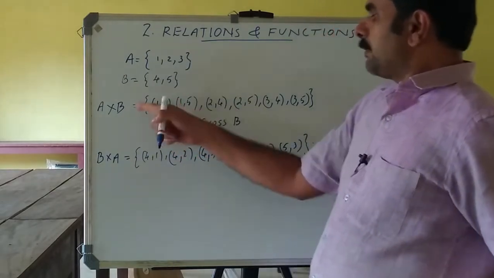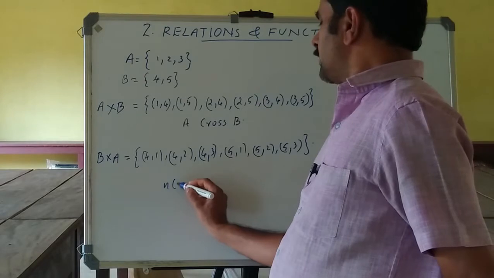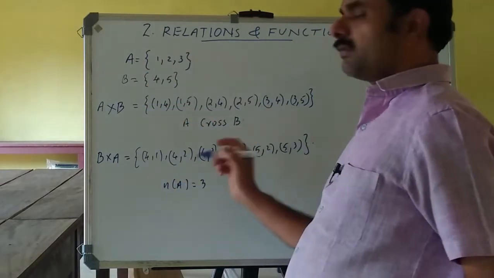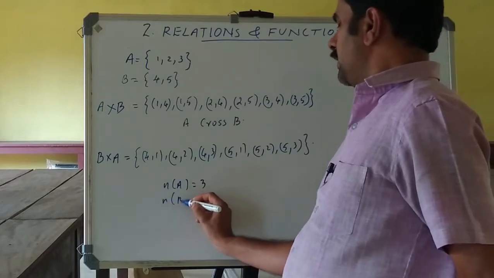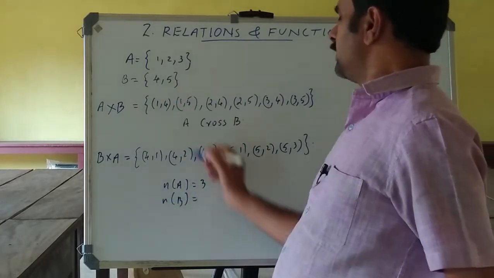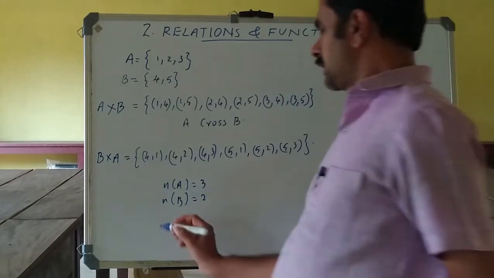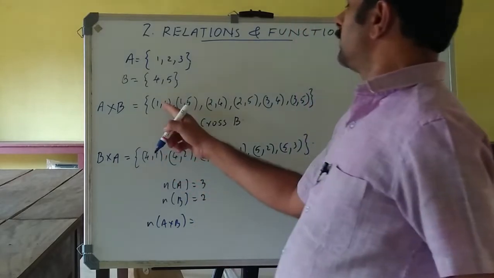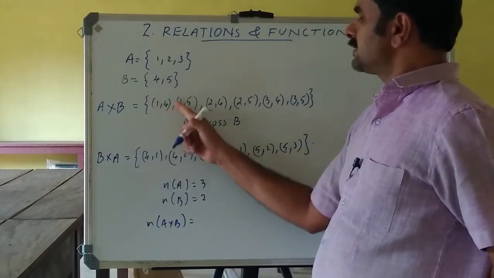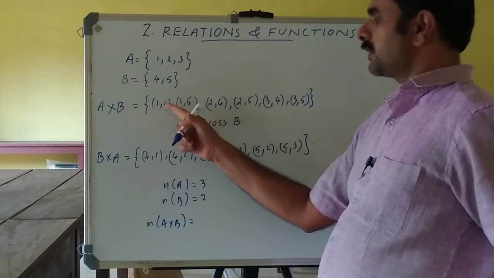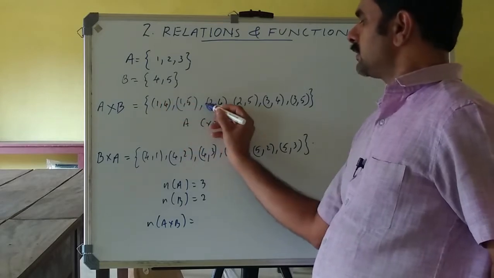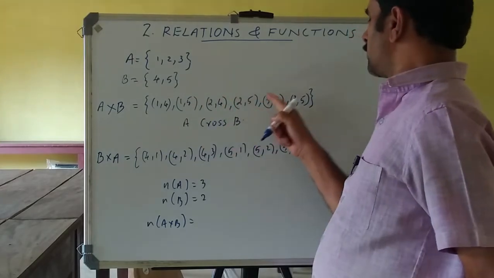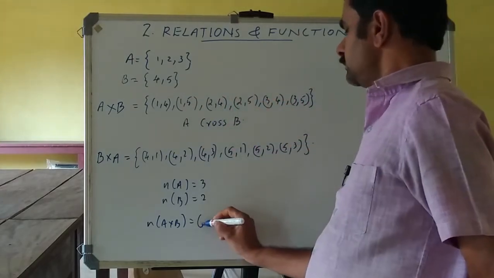What about the number of elements in A cross B? Number of elements in A is 3, n of A. n of B, number of elements in B, is 2. Okay. Number of elements in A cross B: here (1, 4) is a single element. This comma is very important. (1, 4), (1, 5), (2, 4), (2, 5), (3, 4), (3, 5): 1, 2, 3, 4, 5, 6.